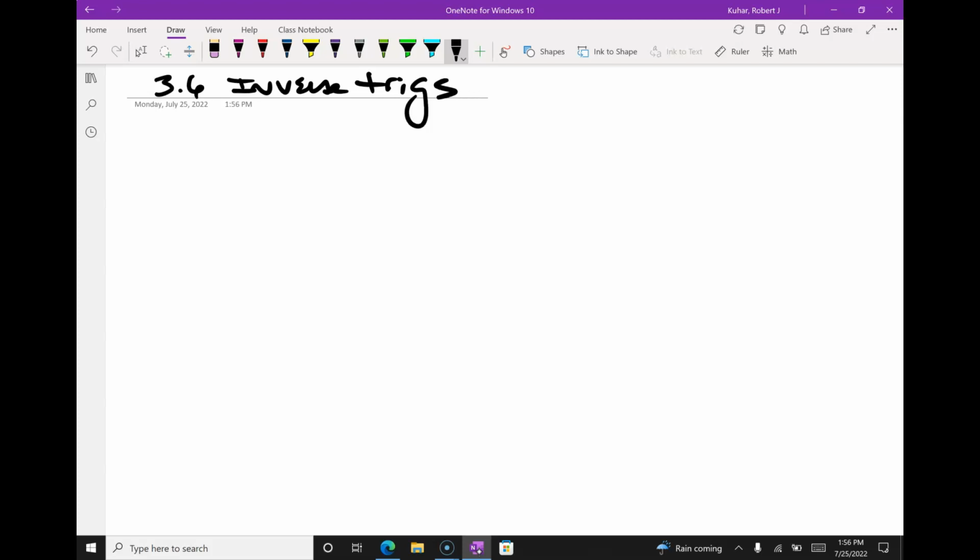So this is 3.6, inverse trigs. I'd like to find the derivative of arctangent, the inverse trig, right? But I don't know how. But now that I'm implicit, I can use the inverse function here.